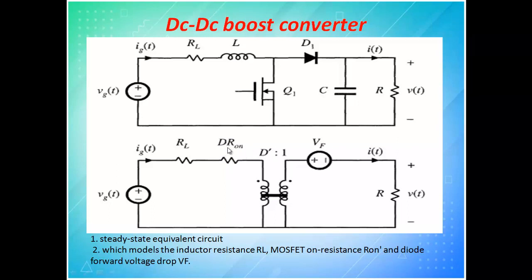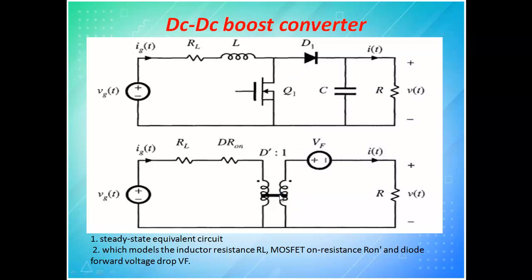Okay, so when you remove this switch, it is like something like a transformer. We have already said that from the input side your output is going to increase, and this diode will again have some on state voltage drop. All of this put together will be your output side. So this is the equivalent circuit.